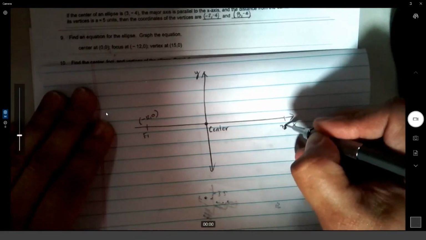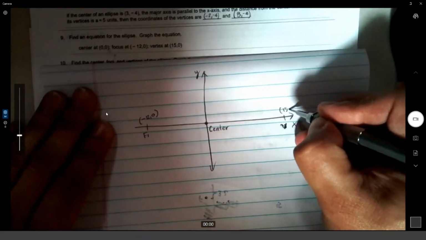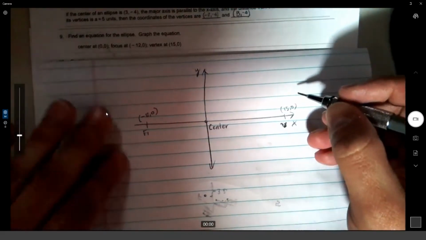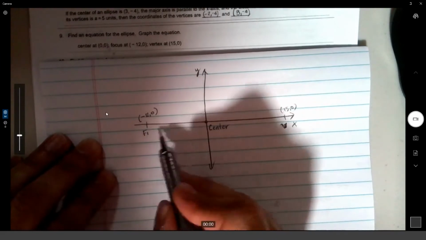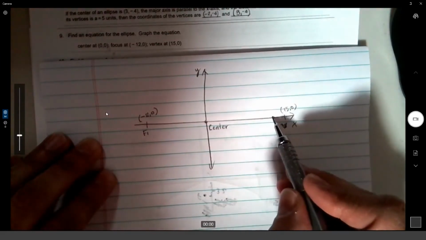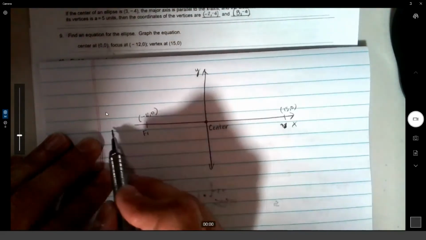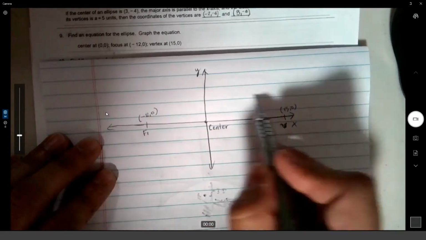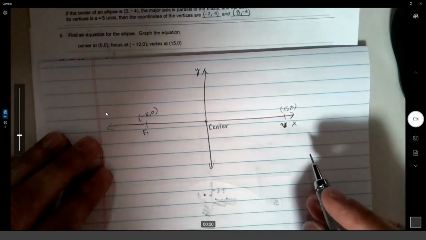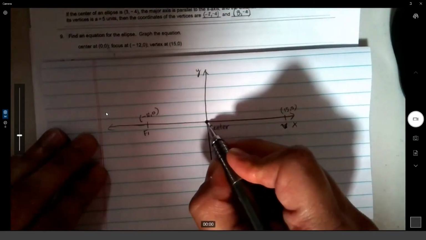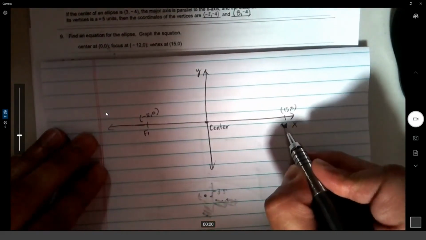Oh, okay, all the way out here. 15, comma 0. With that being said, that means that the other focus must be on this side, the other vertex will be on the other side, and therefore this ellipse will be laying on its side. Okay, so where do we find the other vertex?